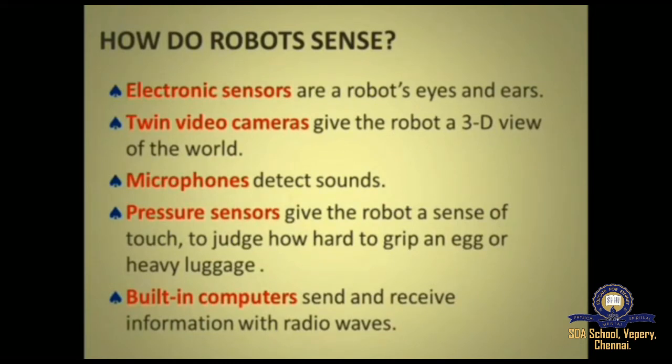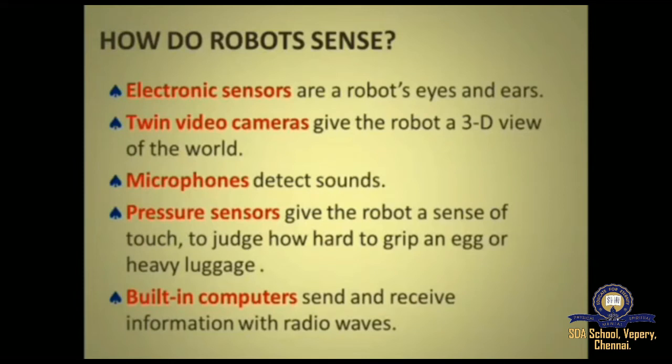The pressure sensors give the robot a sense of touch to judge how hard to grip an egg or a heavy luggage. What makes a robot have the sense of touch? It is the pressure sensors, and built-in computers are used to send and receive information with radio waves.